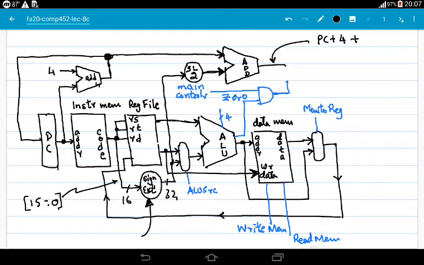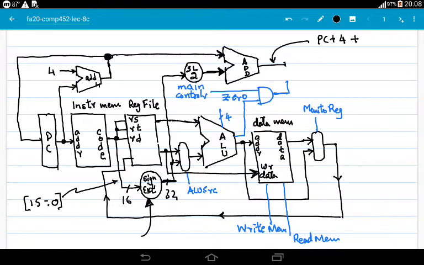So this is the output of the sign extender, and we run it through the shift left combinational circuit. It outputs the number which is a product of 4 and the original number, or the original number multiplied by 4.